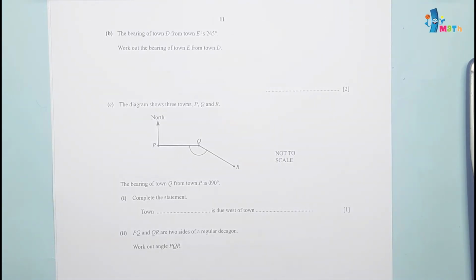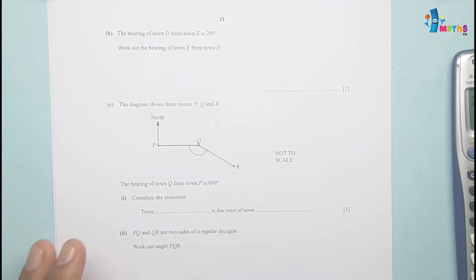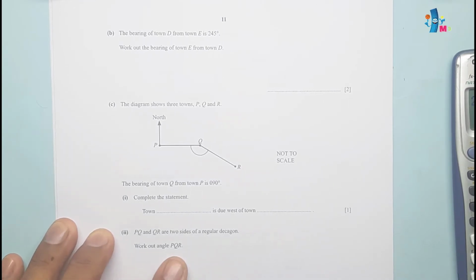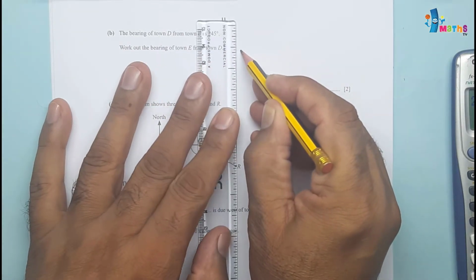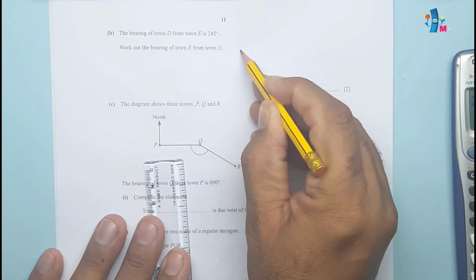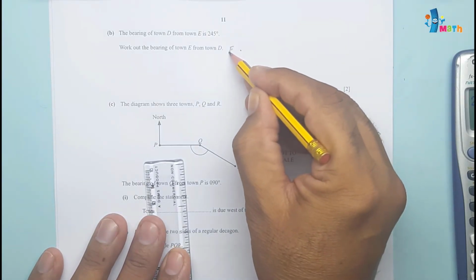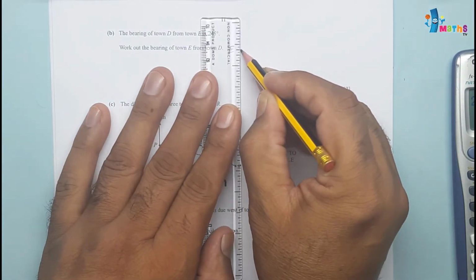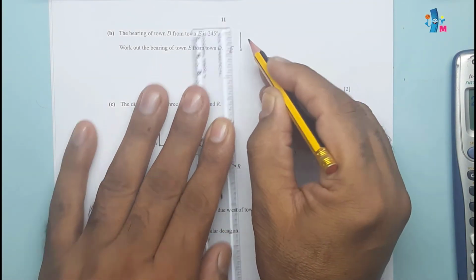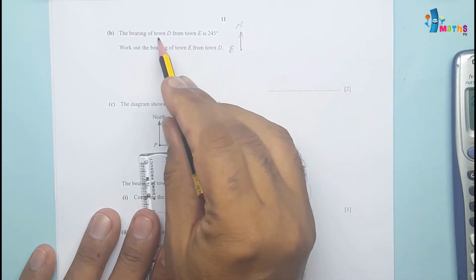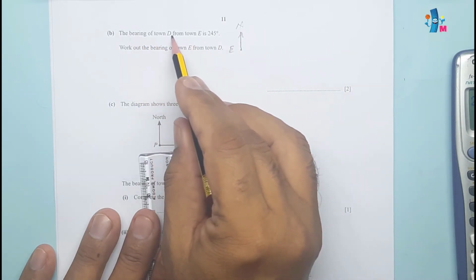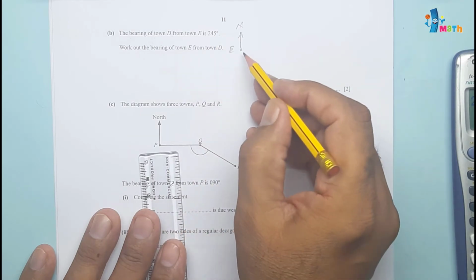Now the bearing of town D from town E is 245. For this part B, they have not given any drawing, but to understand this, we can take, for example, 2 points. One point we can take over here, which we can consider as E, and north we will draw like this one. This is the north, and they are saying the bearing of town D from town E is 245.